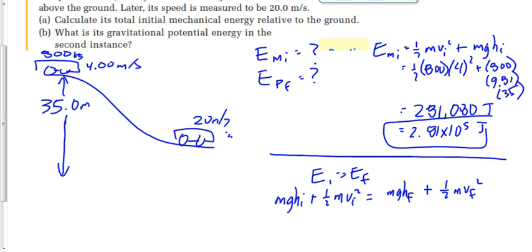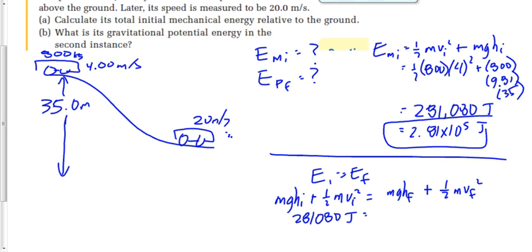I'm going to simplify this a little bit, though. I'm not going to cancel out m this time, even though I technically could. I'm going to leave it and just say the left side is 281,080 joules. Where did I get that from? I just calculated it, right? I just calculated it for the total mechanical energy at the beginning.